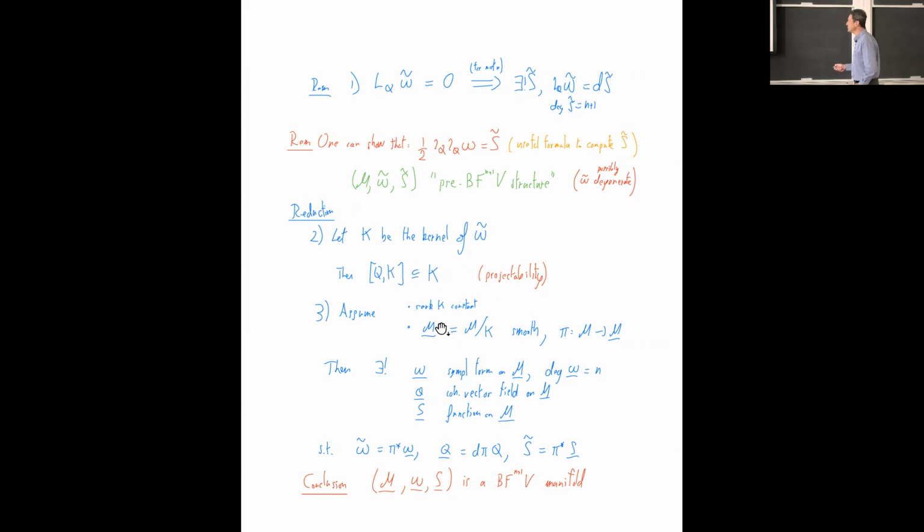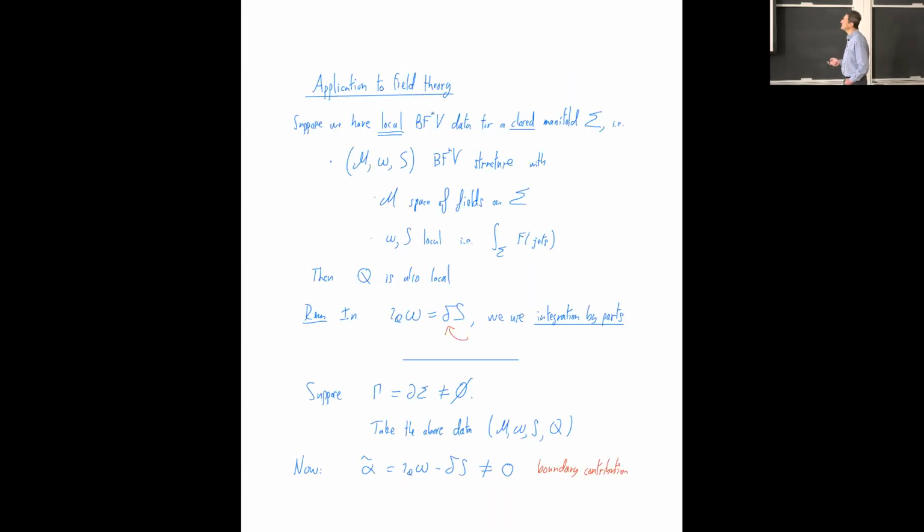So on the quotient, you have uniquely determined data, omega underline, Q underline, S underline, that give you a BFV manifold structure. In applications, this quotient is often well defined, not always. I will have some very important example where it is not, but very often it is.